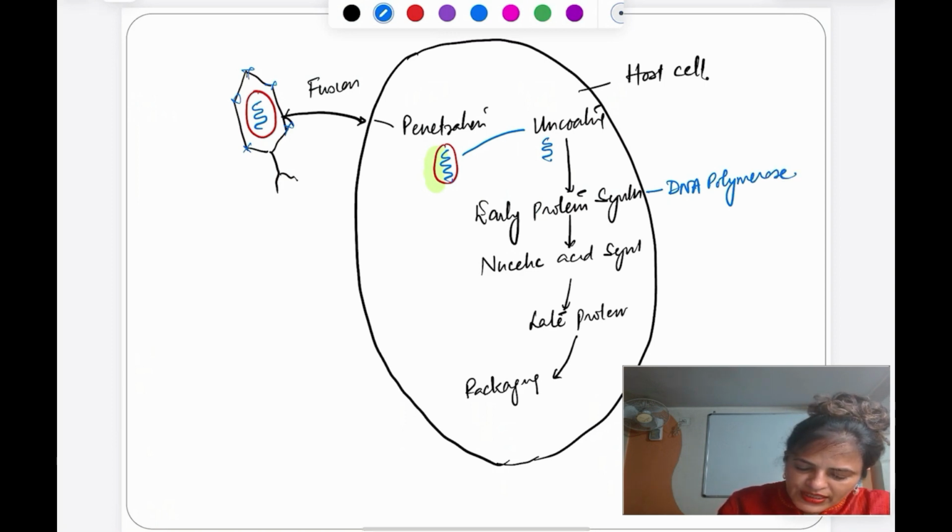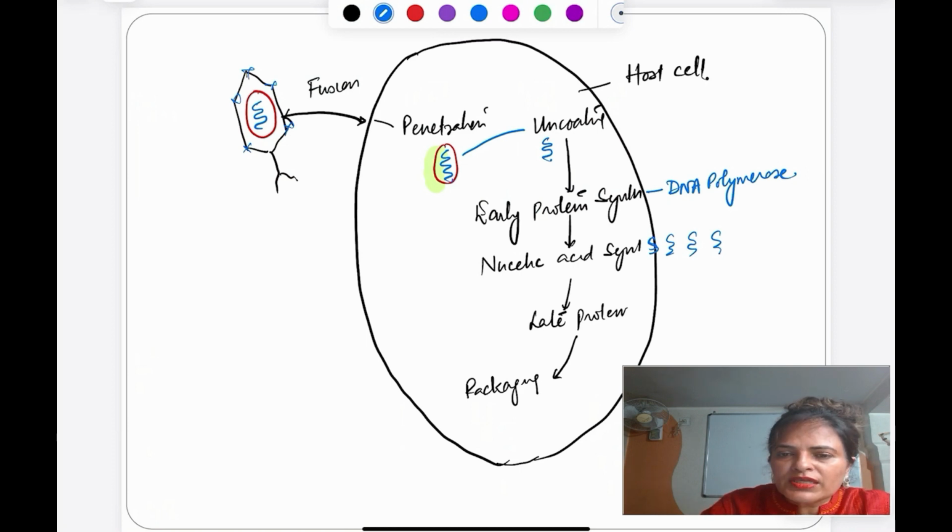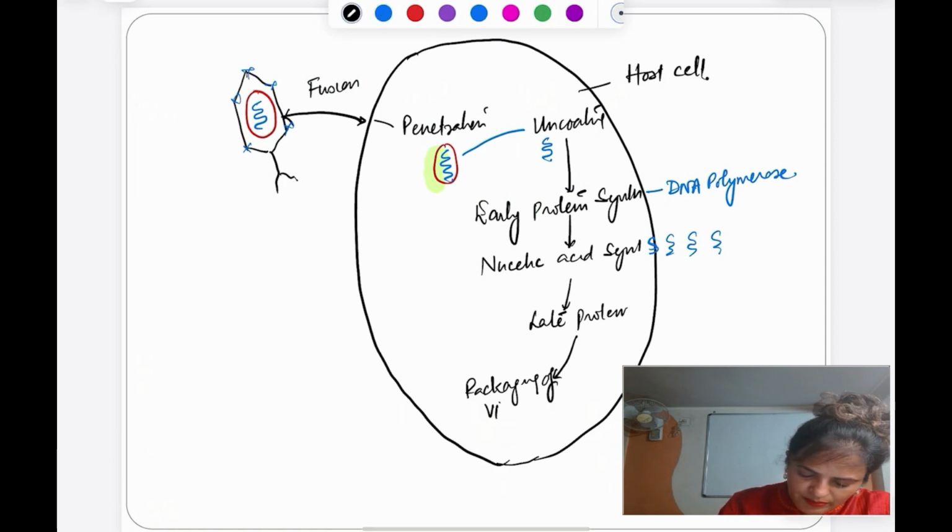Then there is nucleic acid synthesis, where the various genetic material is synthesized, and then late protein synthesis, where the rest of the proteins required for the virus are synthesized, and then packaging of the viral particle. That means the genetic material and the capsid, the whole thing will be packed together, and then there will be this release.